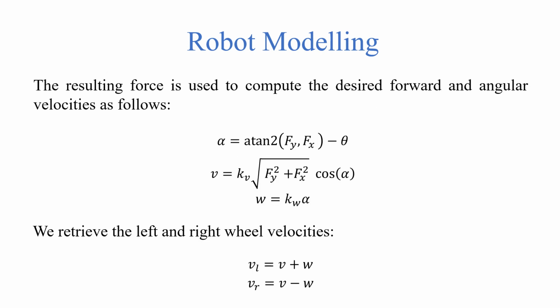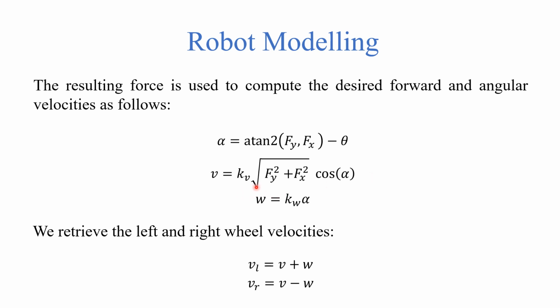Once we have computed the components of the resulting force, Fx and Fy, that the robot must follow, we have to compute the desired forward and angular velocities using the following equations. First, we compute alpha, the angle of error, that is the angle between the direction of the force and the robot's current angle theta. We then compute the desired forward velocity using the following equation.